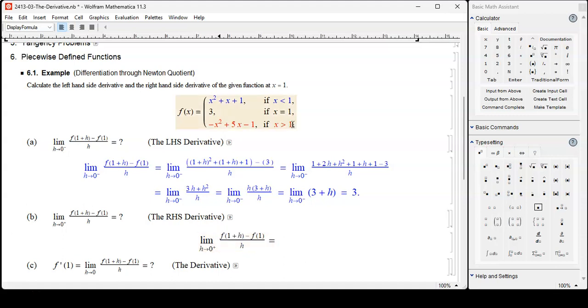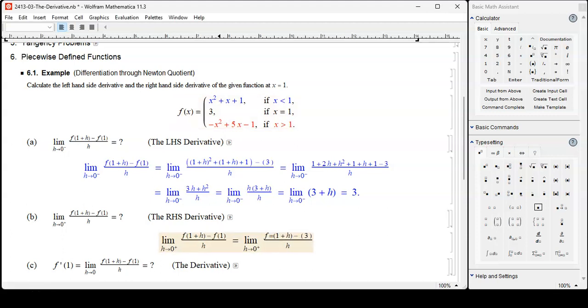So that's the third line. Let's see, f of 1 here is the second line, so that function value is 3. No problem there. And this one here, we have to use the third line.